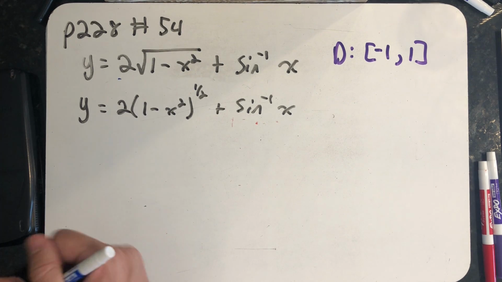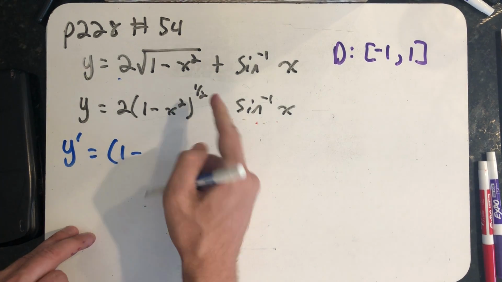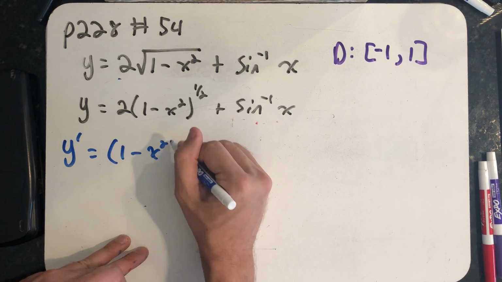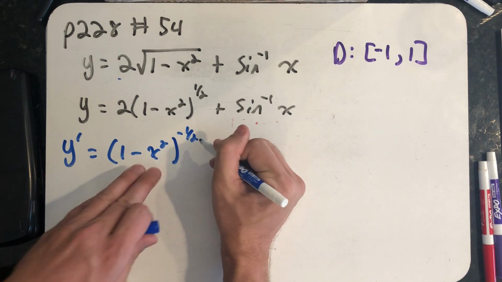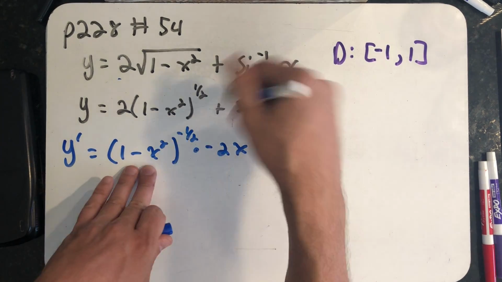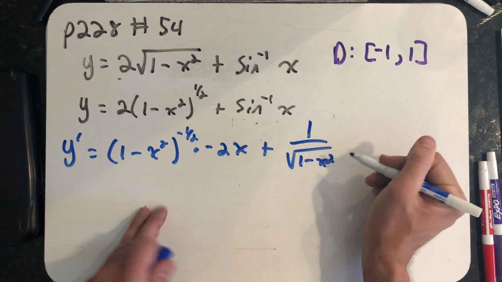So I can use the power rule and the chain rule. 1/2 times 1, those would cancel. 1 minus x squared, take 1 away from the exponent, times the derivative of the inside, plus the derivative of inverse sine is 1 over the square root of 1 minus x squared.